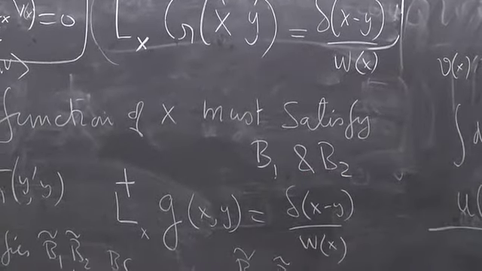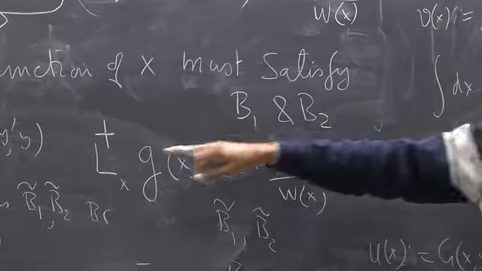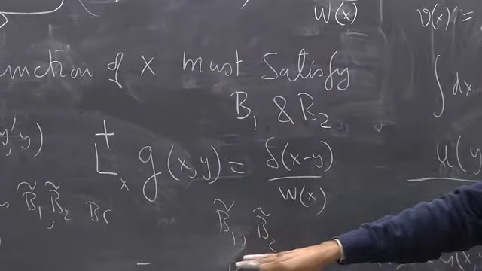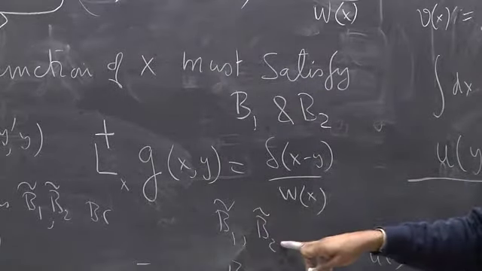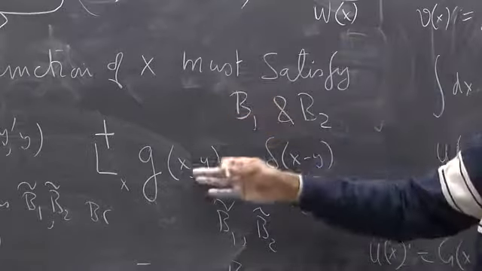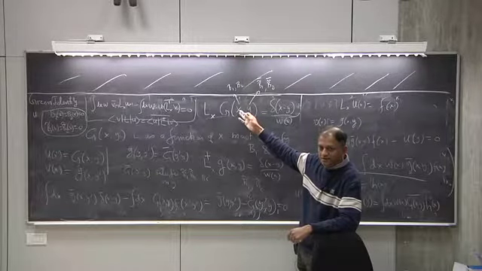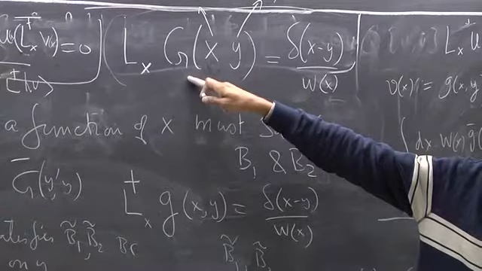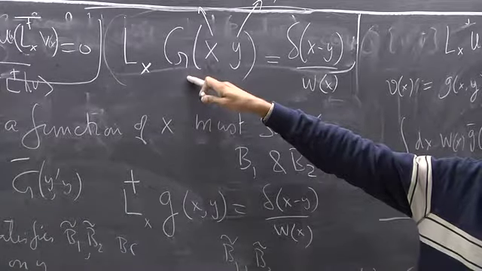But let's suppose it's a Hermitian operator, which means not only that L dagger is equal to L, but these boundary conditions are the same: B1, B2 are the same as B1 tilde, B2 tilde. In that case, there is no difference between these two equations, so small g of xy must be the same as capital G of xy.